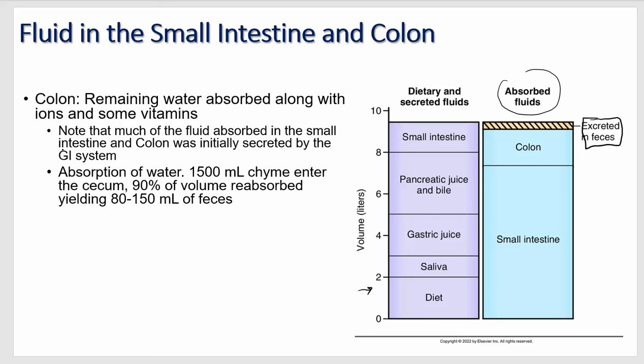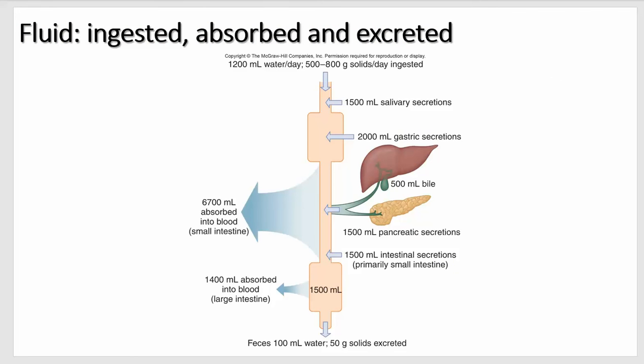Note that much of the fluid absorbed in the small intestine and colon was initially secreted by the GI system itself. This gives some numbers: 15 milliliters of chyme into the cecum, and 90% of the volume is reabsorbed. So we just have a small amount of water in the feces. We don't have to know that number, but I think it makes sense.